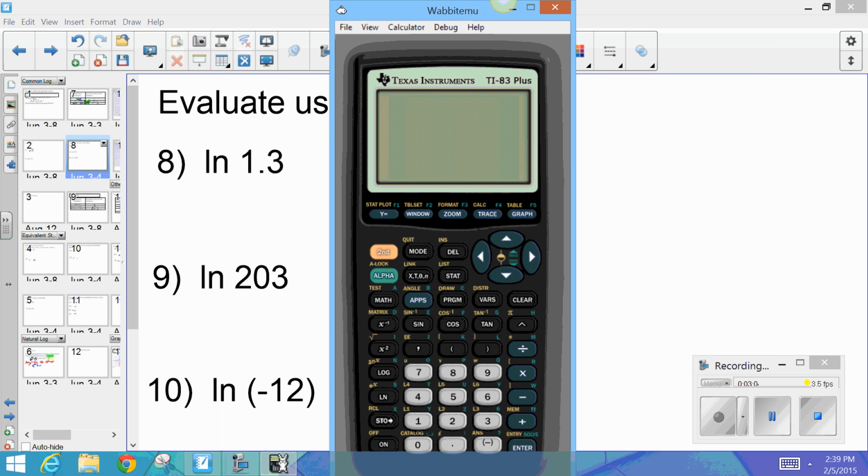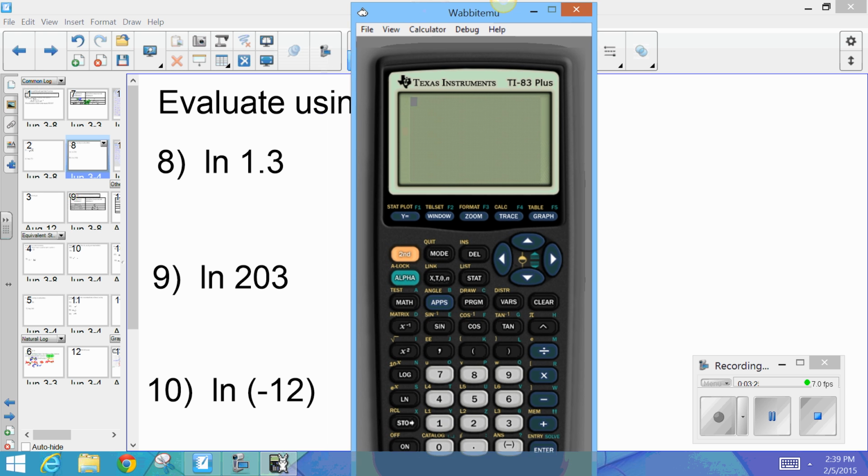Natural log is right underneath the log button. I showed you this button before. We used it as a second function to find e. So the natural log and e are function and second function on the calculator. It makes sense that they should go together. This is very straightforward evaluating in the calculator.